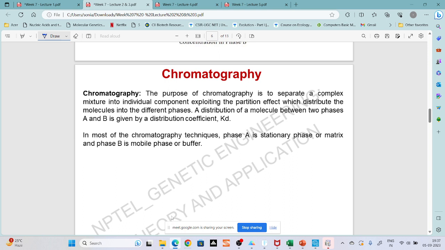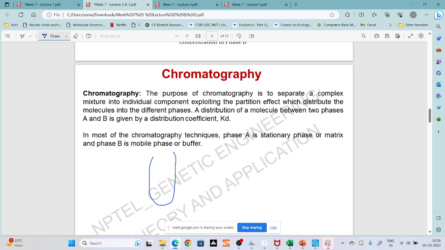Basically, these are all column chromatography. Column chromatography means that the chromatography is performed in a tube or in a column.